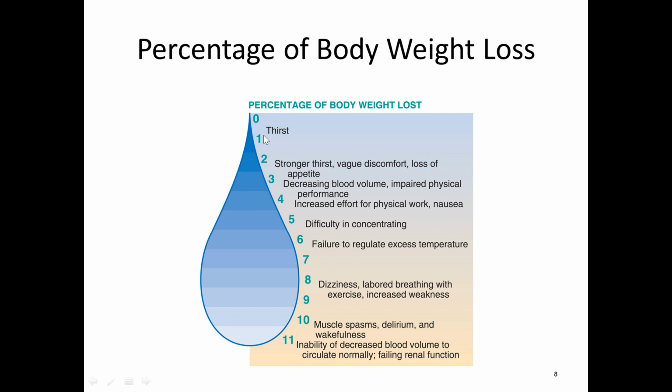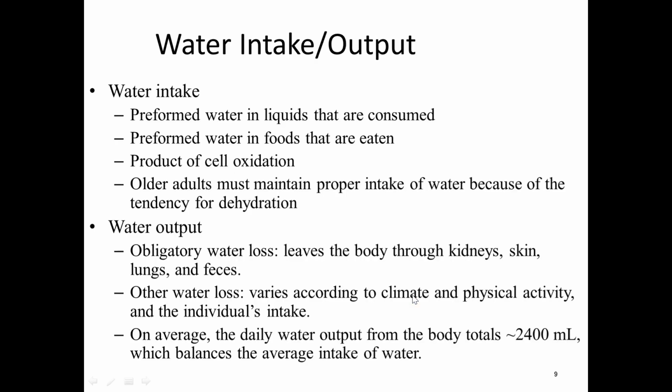At 0 to 1%, thirst will appear. At 2 to 3%, stronger thirst, loss of appetite, decreasing blood volume, increased efforts of physical work. According to these percentages, the function of the body will change.